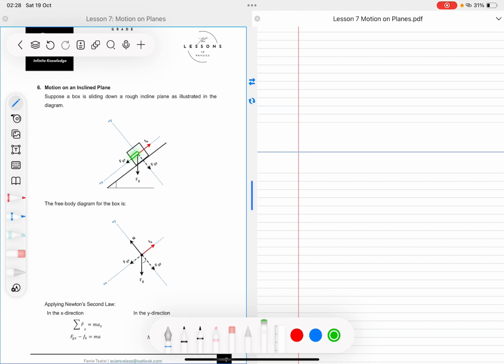And if this force is not large enough, the frictional force here will be static, the box won't move, right? But if it's large enough, it will move, so that there is kinetic frictional force.